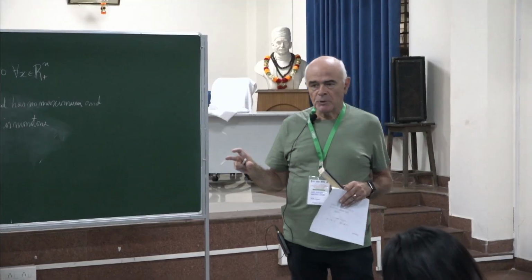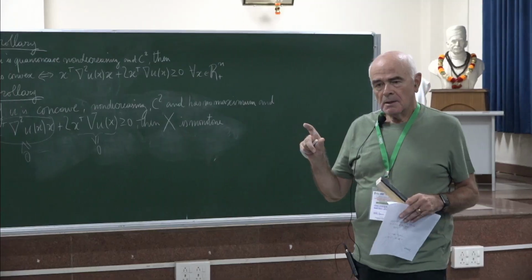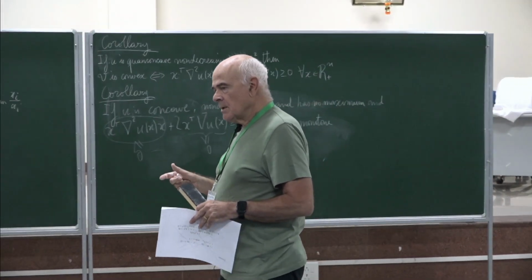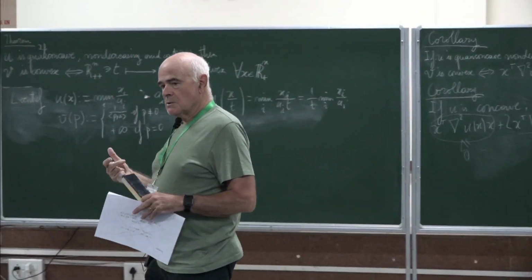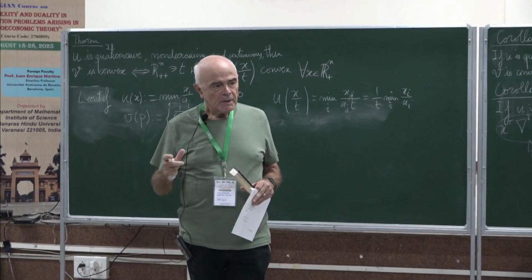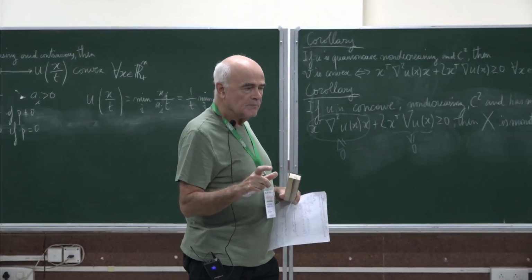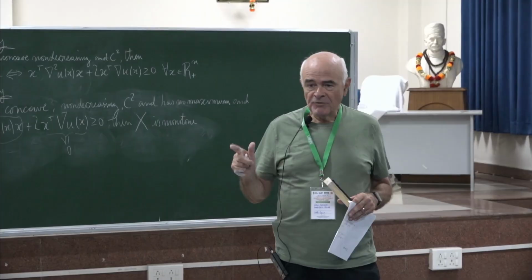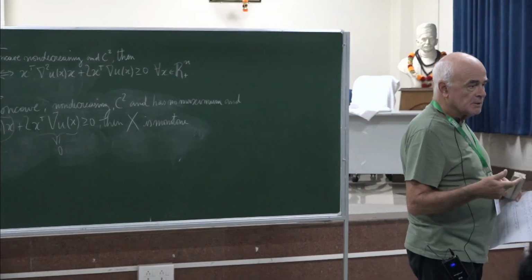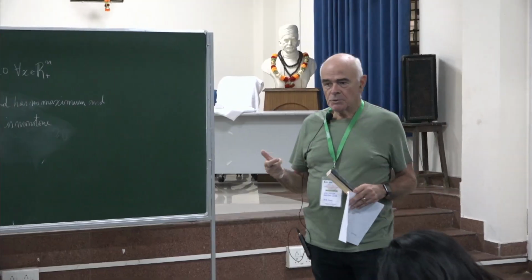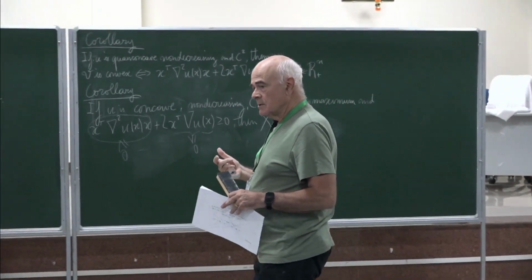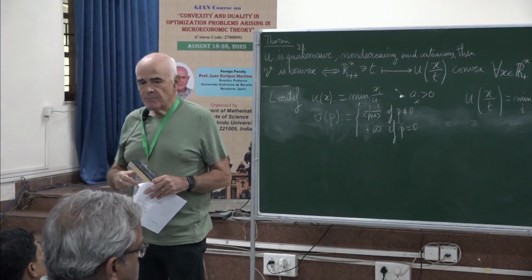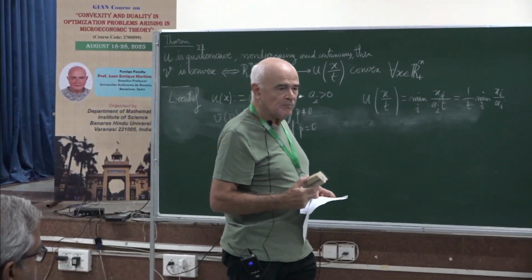From the following point of view. An extended real valued function is convex, lower semi-continuous and proper if and only if it is the supremum of a collection of affine functions. So the affine functions generate all lower semi-continuous proper convex functions by the operation of taking pointwise supremum. So is there something similar for convexity along rays?